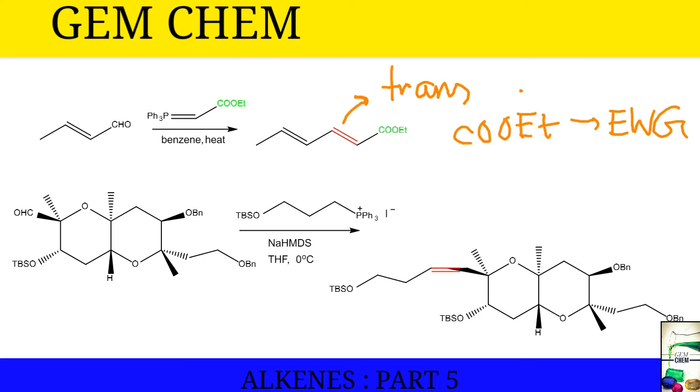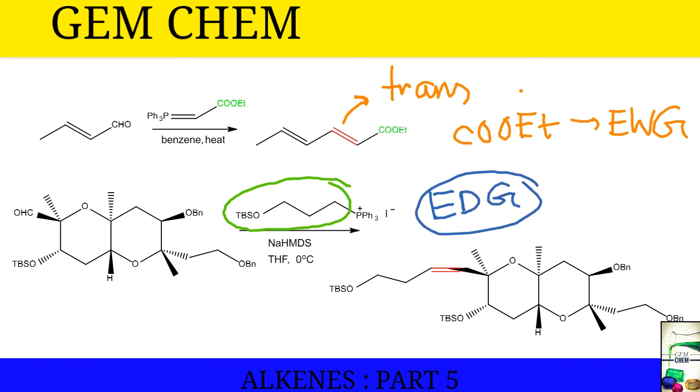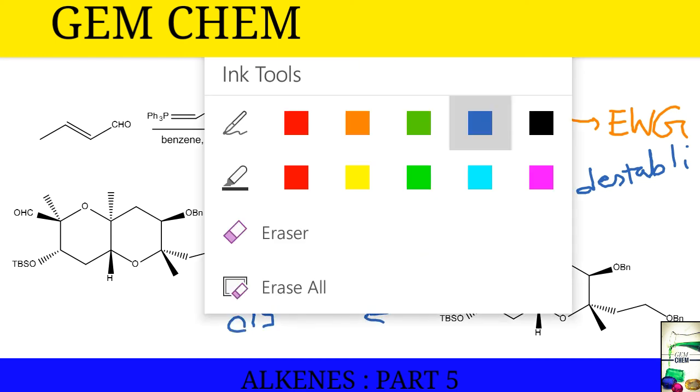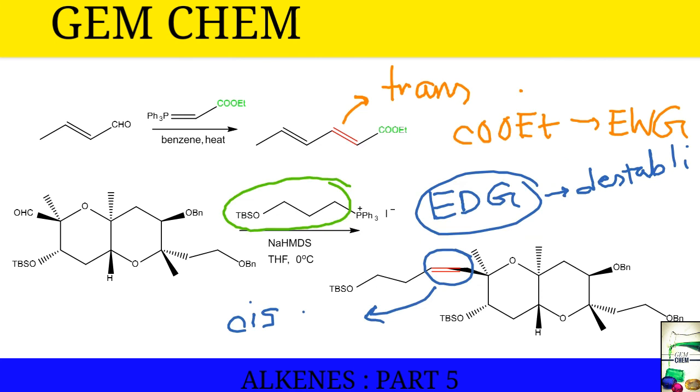And for the next one, see this one, this group basically is an electron donating group. So it is a destabilized ylide, right? So it will result in a cis alkene. Okay, so it will result in a cis alkene.